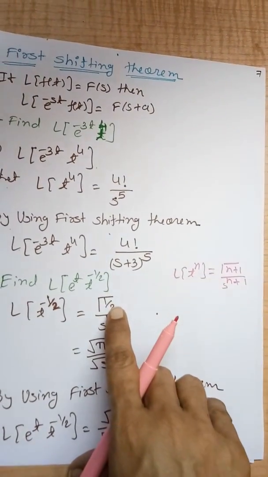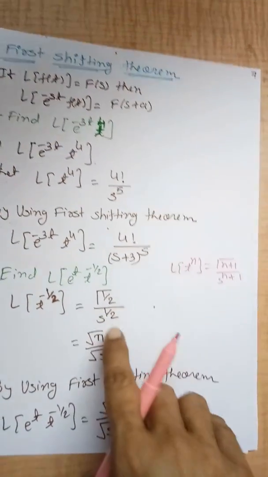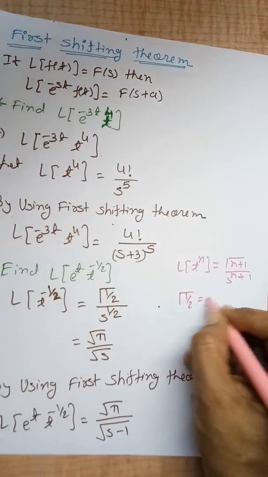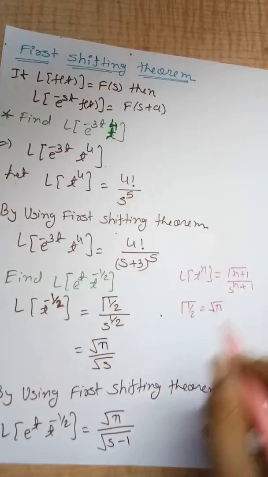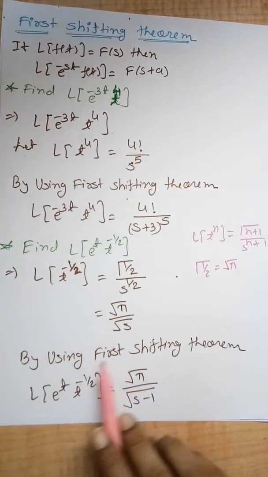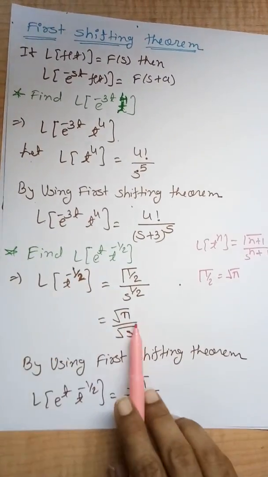So gamma 1/2 upon s raised to 1/2. Gamma 1/2 is root pi, and s raised to 1/2 is root s. This is the answer of Laplace of t raised to minus 1/2.